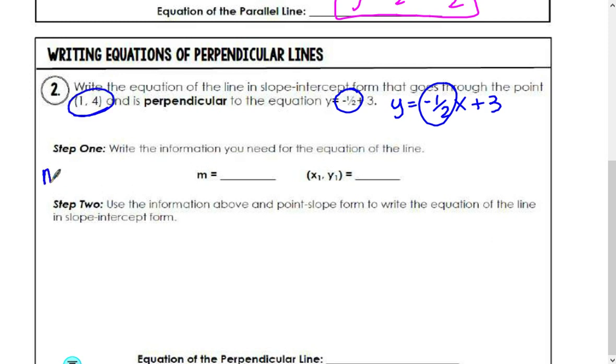Since my original slope was negative 1/2, I need to create a new slope. Opposite tells me to change the sign, so now it's positive, and reciprocal tells me to flip the fraction. This is going to become positive 2 over 1, which just equals 2.